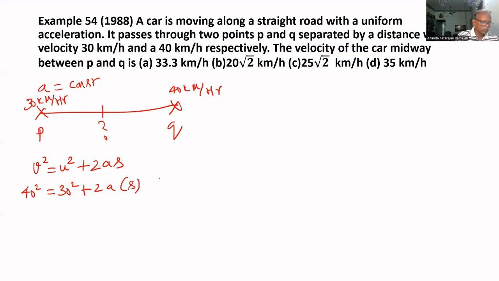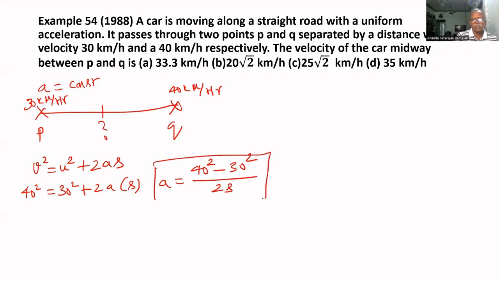Therefore, we can say a equals 40 square minus 30 square divided by 2s, that is the acceleration.